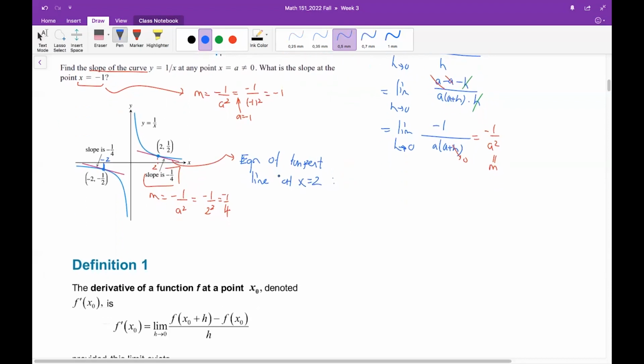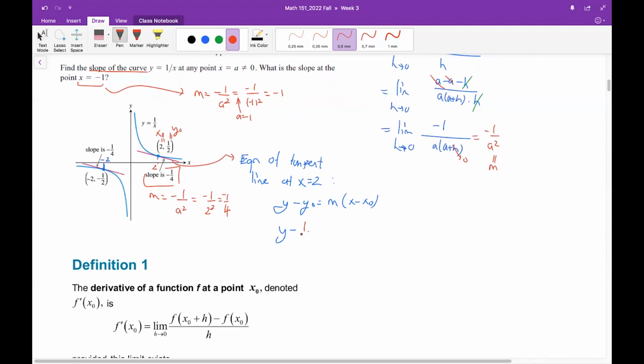How do we write tangent line or line equations? There are two things that you need to know: a point on the line and the slope of it. So we already have all this information, right? So y minus, what is the y0 component of your point? You see it is here. And this is the x0 component.